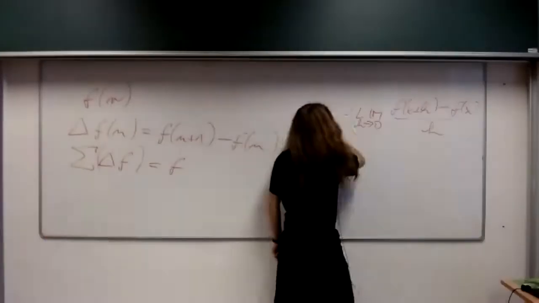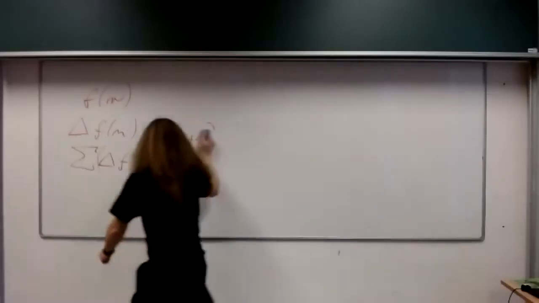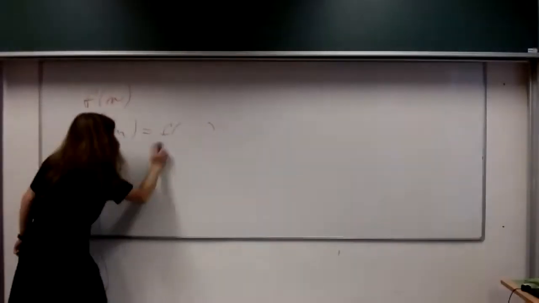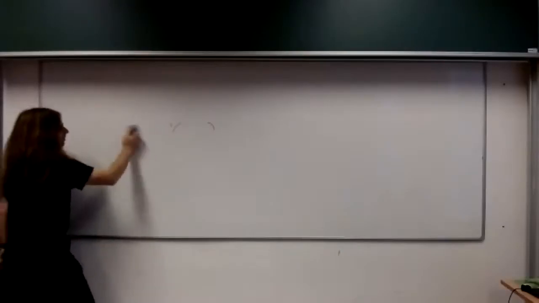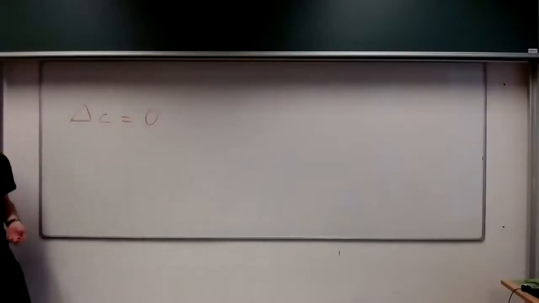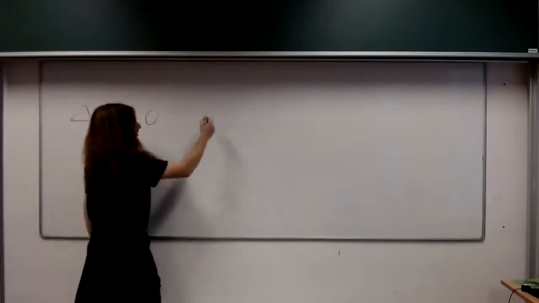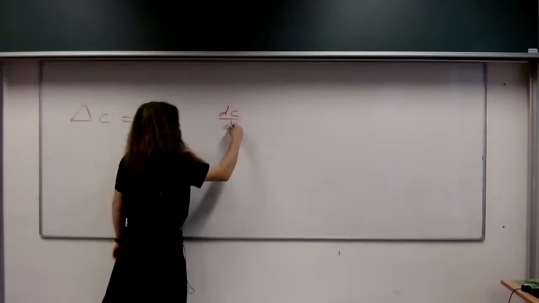So let's just start deriving some very simple results. First of all, if we just take the finite difference of a constant, say like this, then we will obviously get a 0 because, well, the constant is the same in both points. So this is just analogous to the case with the derivative.